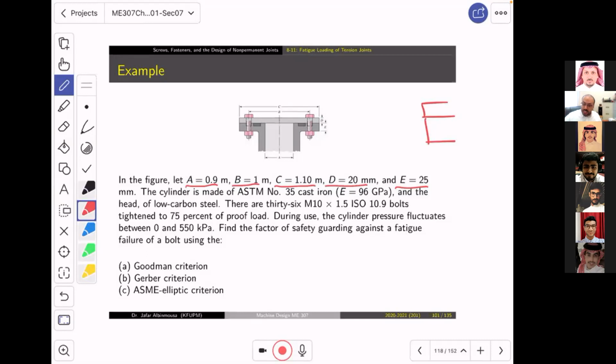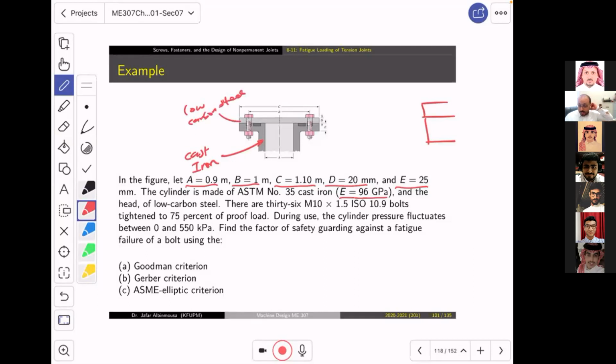The cylinder is made from ASTM 35 cast iron with E equal to 96 gigapascal, and the head of low carbon steel. So this one is made from cast iron, and this one low carbon steel.